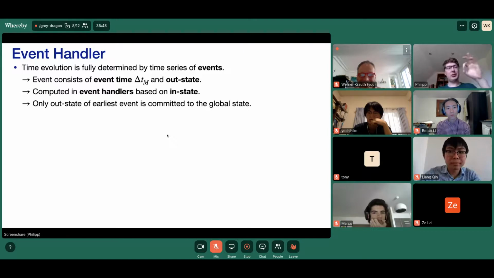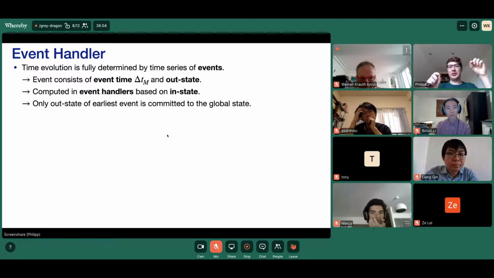In our in state, we have our active particle A and the target particle T, for example. It's just the subset of particles, or the positions of the subset of particles, which contribute to the given factor potential. Then in my out state, I computed the candidate event time, and I imprint the lifting move.